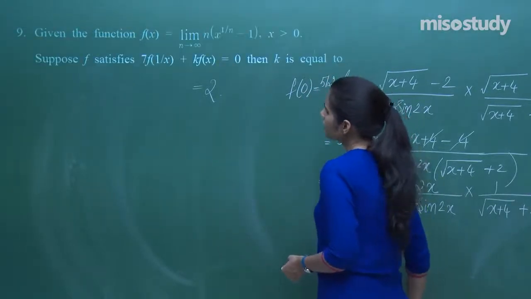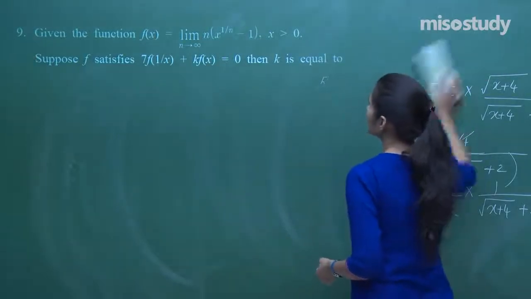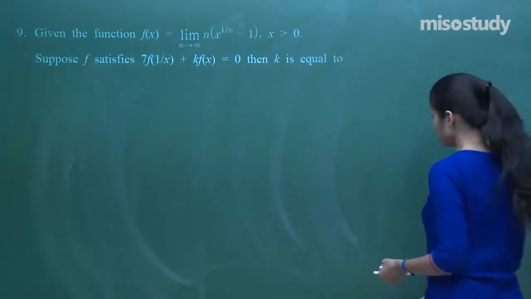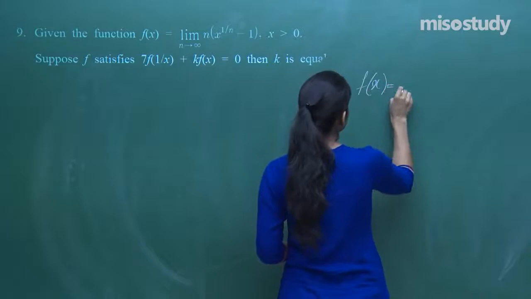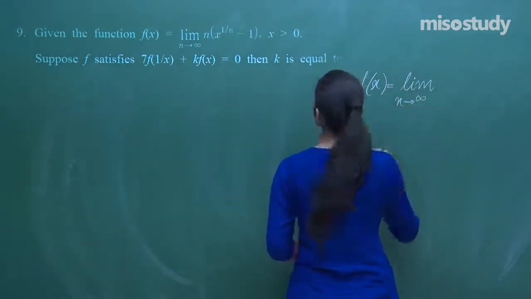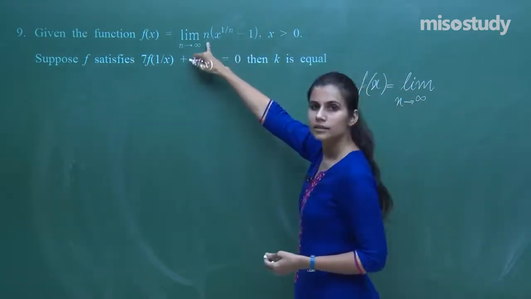Next you have given the function this, x greater than 0. Suppose f satisfies this equation, then k will be equal to what if f is satisfying this equation? So okay, let's consider f of x. This is limit n tends to infinity, x to the power 1 by n minus 1 into n.